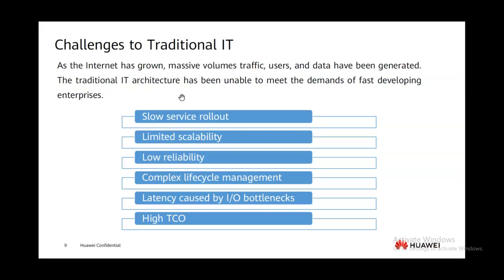A good example is sometimes we have events that are not so frequent. Qatar hosted the World Cup, and during the World Cup, you need to have a lot of IT facilities, for which sometimes after the World Cup, maybe you don't need them as much. So if you spend a lot of money on physical IT facilities, by the time the event is over, you have spent so much, and now you are left with physical infrastructure to deal with.